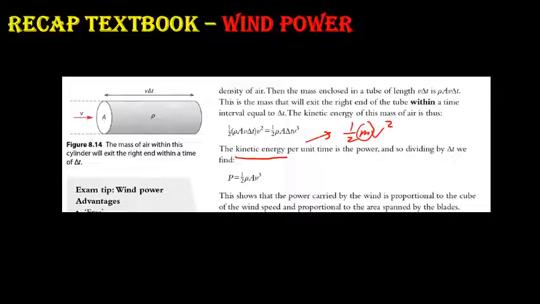The mass here is calculated by density times cross-section area, that is the circle here, times v times delta t. So you find the volume of this cylinder times the density, and that is the mass of that specific amount of air. In that case, you can derive the equation you see in the data booklet.